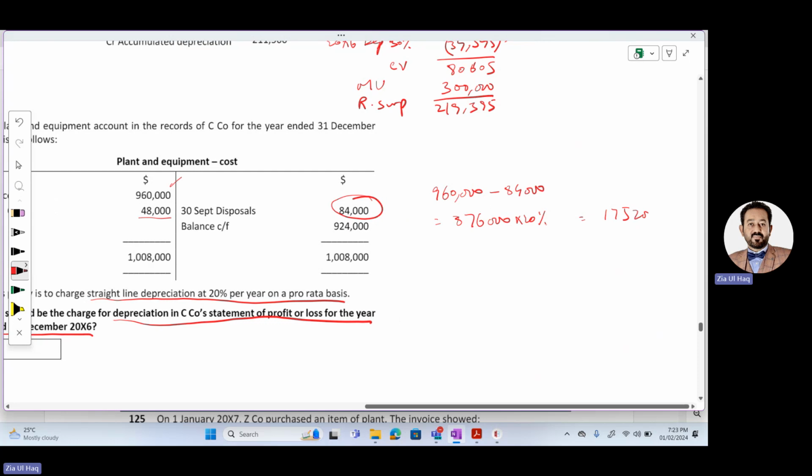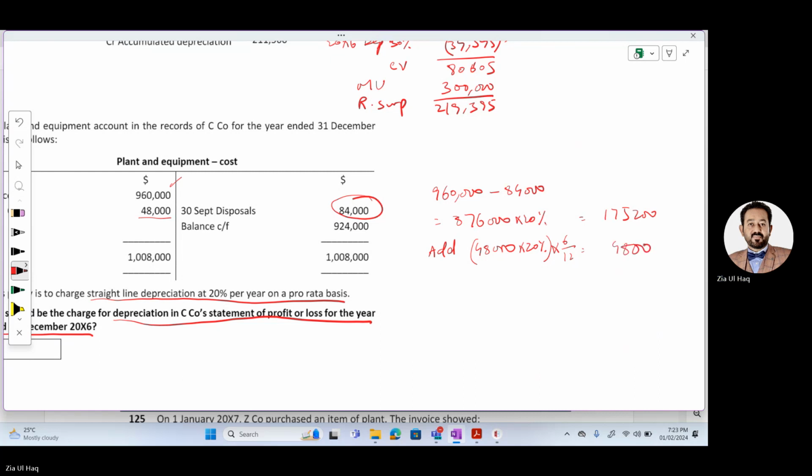175,200. And how much asset added? 48,000. For the addition, 20% depreciation multiplied by 6 by 12 is 4,800. And the disposal asset, disposed on 30th September, has 9 months of depreciation.